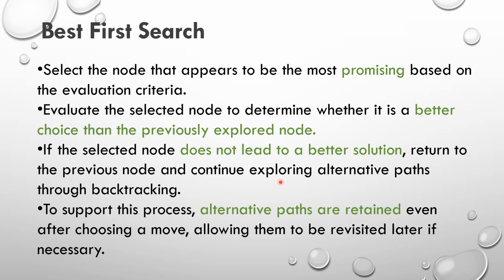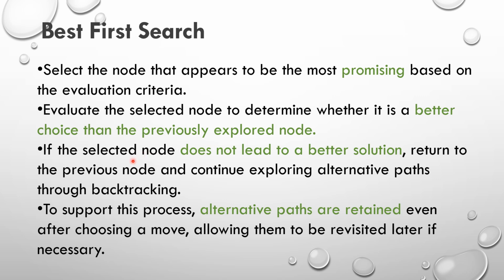So what is the procedure followed to find the optimal path or best path while using the best first search algorithm? Select the node that appears to be the most promising based on the evaluation criteria. Okay, based upon the h of n value, select the promising node. Evaluate the selected node to determine whether it is a better choice than the previously explored node.